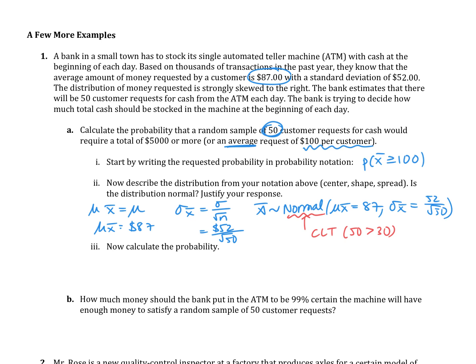Okay, so now we're going to calculate the probability. So you're going to do this right now. You're calculating this probability with this mean, this standard deviation. So do that real quick in the calculator. We're not going to draw a figure because I'm a little lazy, but do that and let's see what we all get.